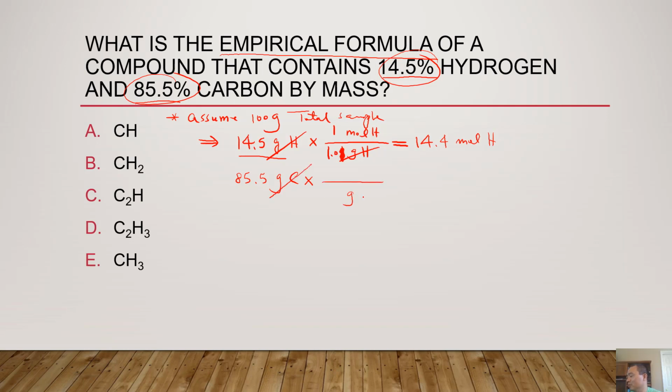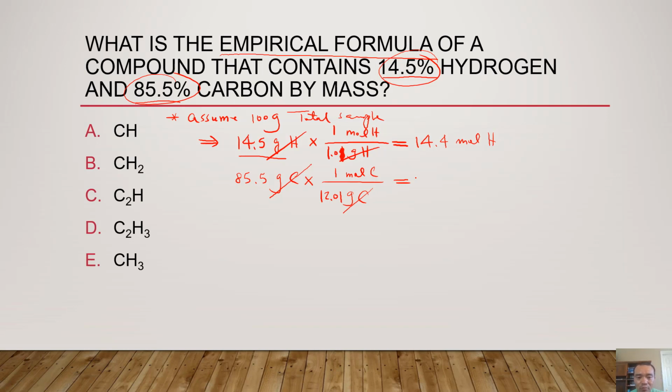Similarly for the second one, we need to cancel the grams of carbon, so grams of carbon for the conversion factor must be the denominator. So how many moles of carbon? We know its molar mass, 1 mole is 12.01 grams, look it up in your periodic table. Let's do this calculation using our calculator.